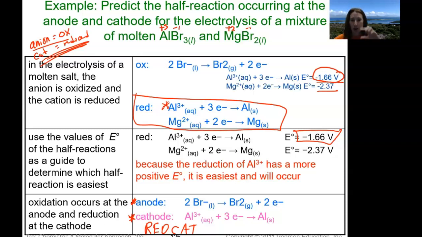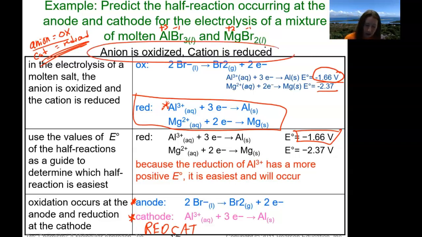Before we just had 2, and whichever one was higher on the table was reduced, and whichever one was lower on the table was oxidized. It's the same thing here. First you need to figure out which could oxidize and which could reduce, and then whoever's higher reduces, whoever's lower oxidizes. Anion, oxidized; cation, reduced.